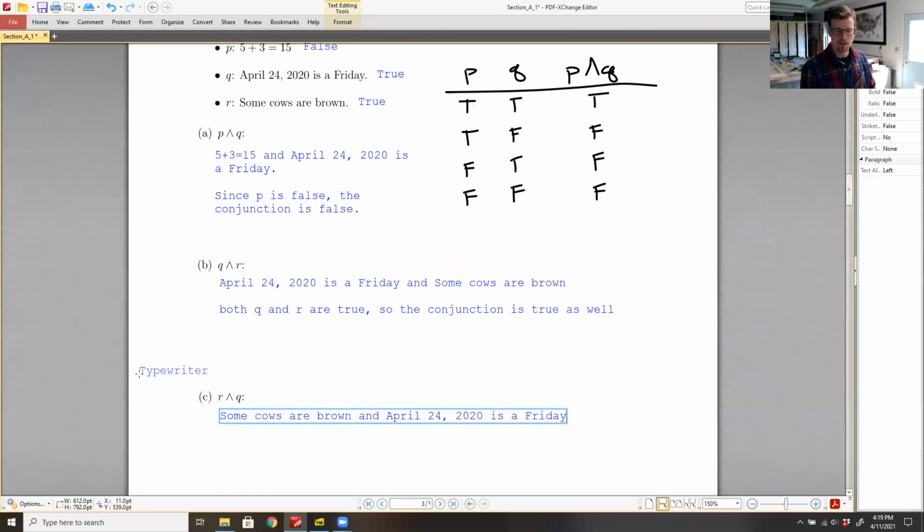Yes, it was. So both of those things are true. It doesn't matter what order I said them in, they're both still true. So R and Q are true, so the conjunction is true.